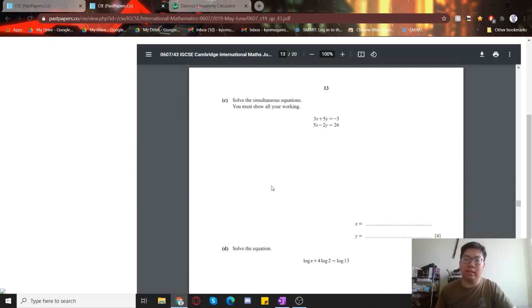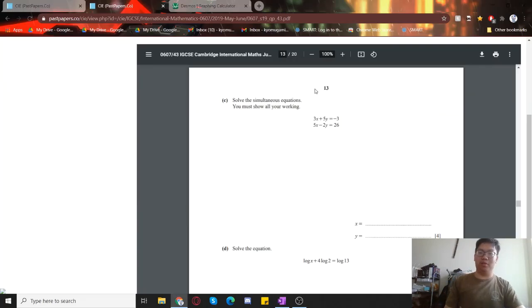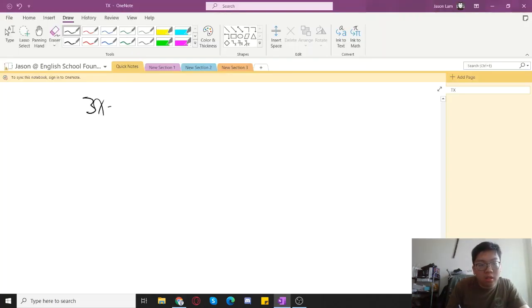Simultaneous equations. These are kind of time consuming to explain, and I have to show all my working. Let's see, what's the fast way of doing this? Let's find x. 3x minus 5y.